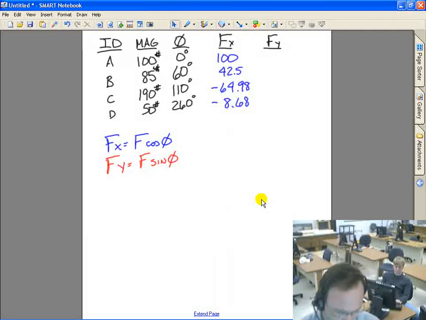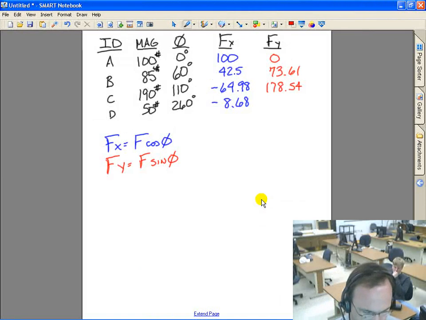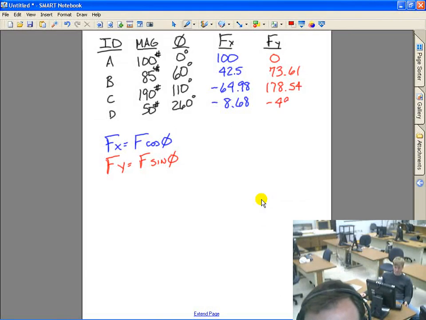And so we have 100 times the sine of 0 is 0. 85 times the sine of 60 is 73.61. 190 times the sine of 110 is 178.54, and 50 times the sine of 260 is negative 49.24. So let's go ahead and add these up.